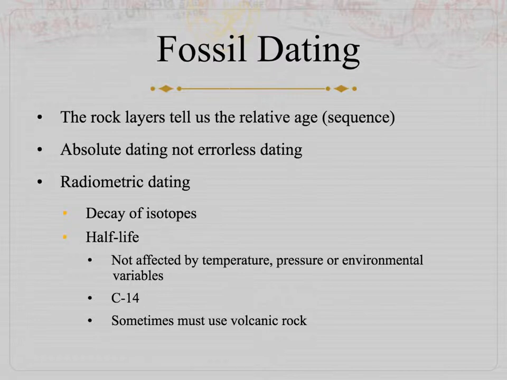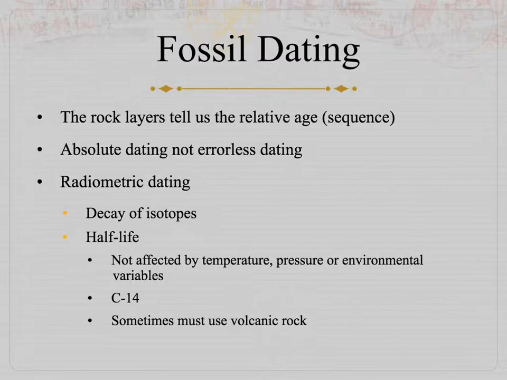So they take the carbon-12, find out how much of that there is, find out how much carbon-14 is left, and then they can see, okay, this much carbon-14 has decayed, so that means it's been this many years. The only problem is this only works up to about 75,000 years to actually look at the sample itself.